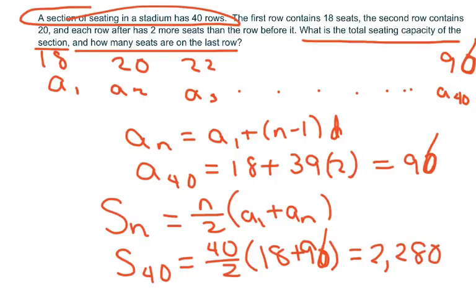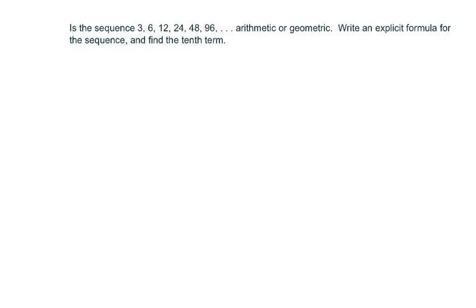All right. We got 2 more. It says, is this sequence here, 3, 6, 12, etc., arithmetic or geometric? Well, the first thing we notice is that we are not adding, we're multiplying. In fact, we're multiplying the previous term by 2.